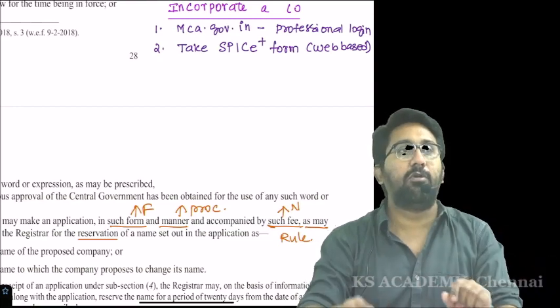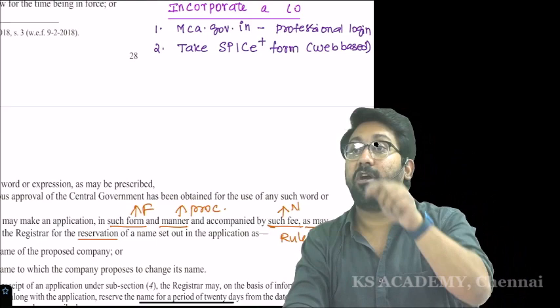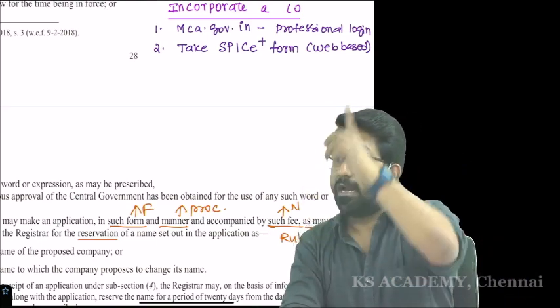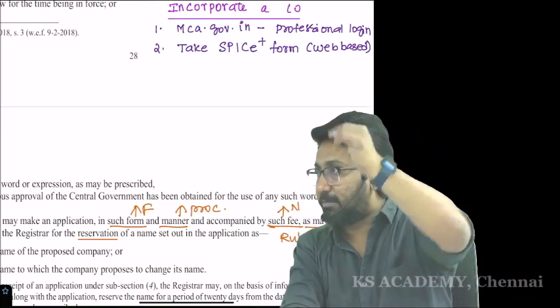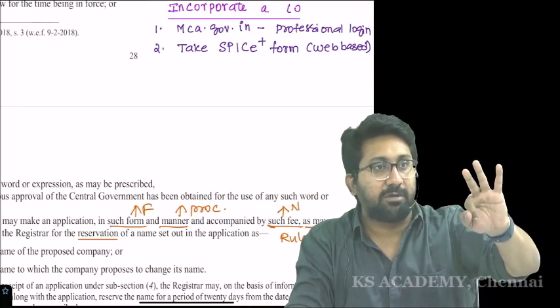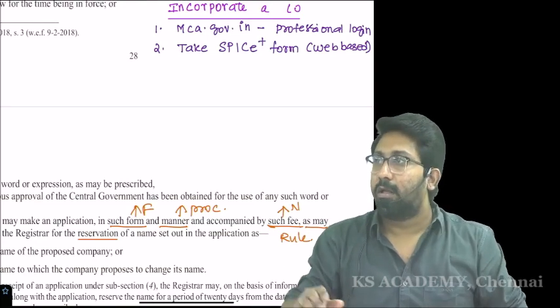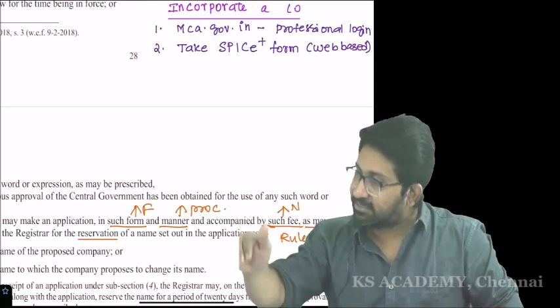When you have to file financial statements, at the end of the year you need to file financial statements. Financial statements means balance sheet, P&L account, cash flow statement. That is not a web-based form. That is a physical form.